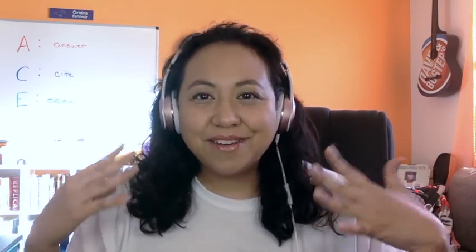So I really hope that helps you guys when it comes to ACE. Remember, we are taking this piece with all of your opinions and your proof to prove your opinions. And eventually we're going to turn these into full essays. So this is just step one of everything. I know you guys can do it. So just take your time. Really be particular about what you use as far as your citations and your explanations.